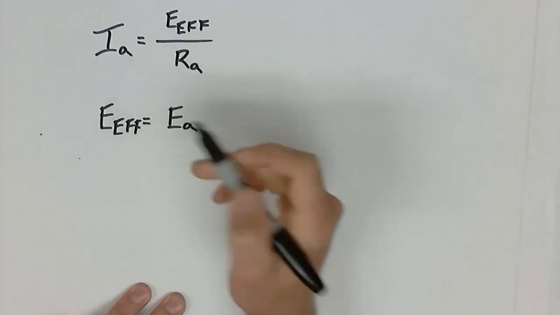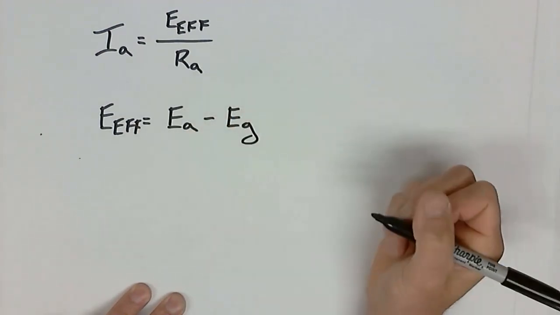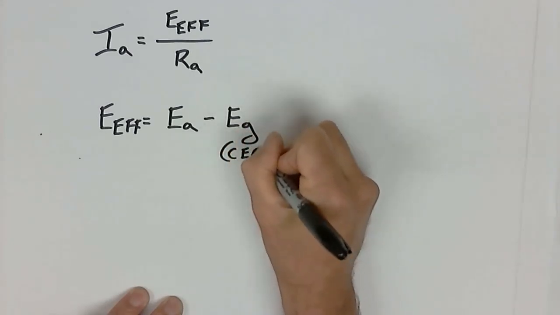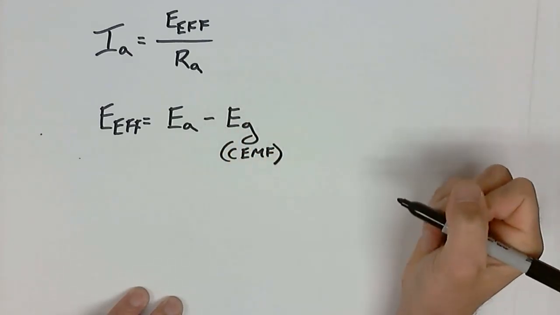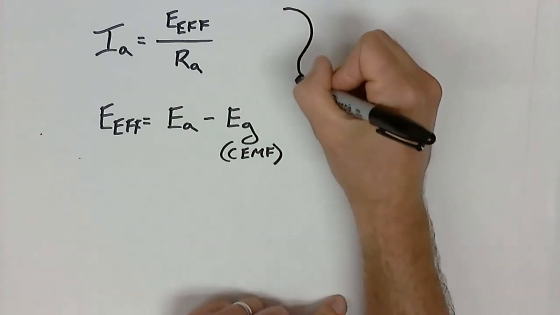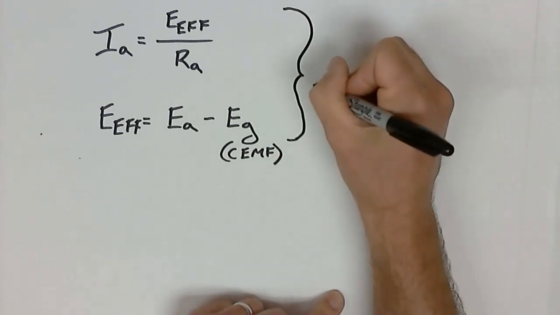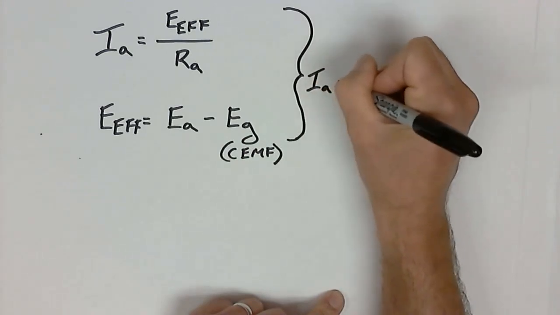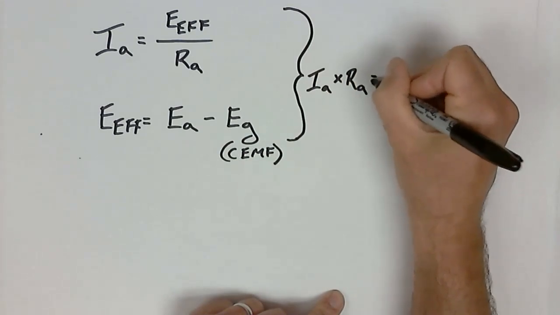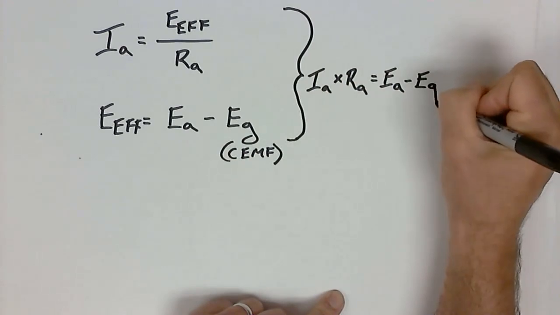Remember, every time I write A, it's armature. And EG is counter EMF. Now, the way that you'll find some texts describe this relationship is with this equation here, but most people don't find this to be as good a portrayal of what's happening within the armature.